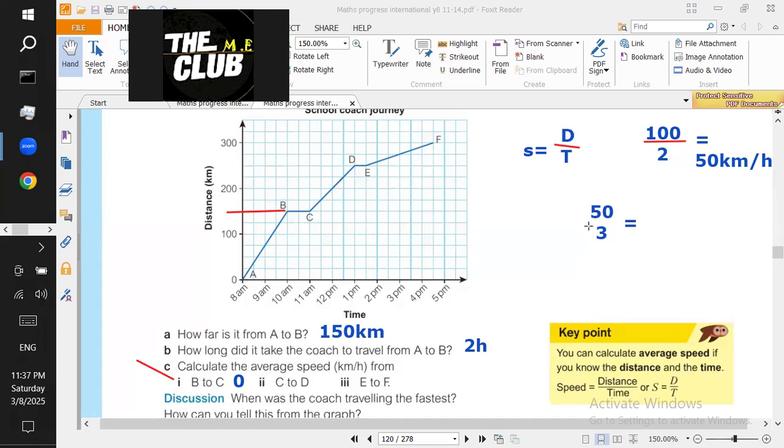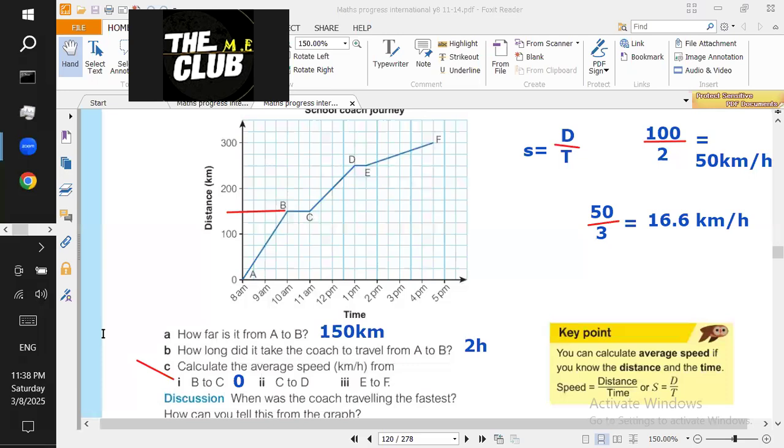So you divide 50 by 3, and you get the speed you want: 50 divided by 3 equals 16.6, or 16 and 2 over 3. So 16.6 kilometers per hour. And that's how you use a distance time graph to answer questions.